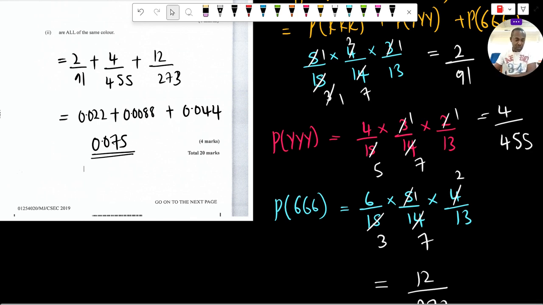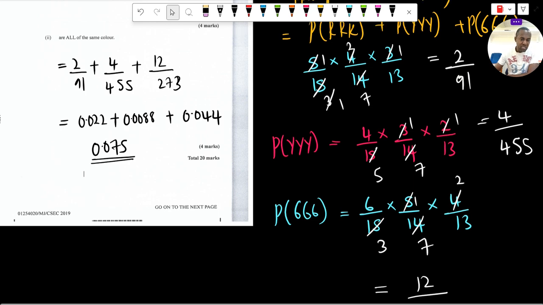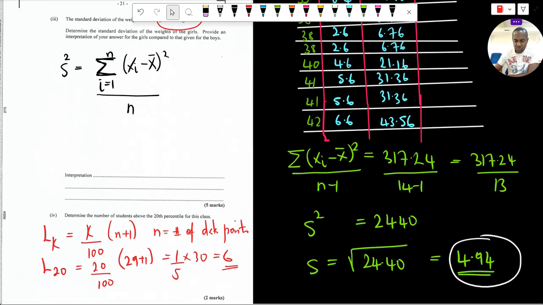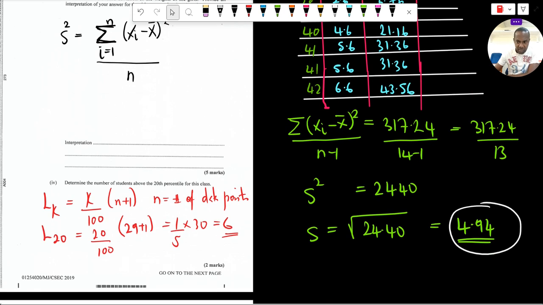All right? So this question required quite a bit of work, especially this part here, which required the standard deviation of the girls' weights. And I would have highlighted that the value I calculated on the paper was slightly different from the value I got here. When I calculated the value first, I got about 5.01 or 5.02, which I approximated to 5.